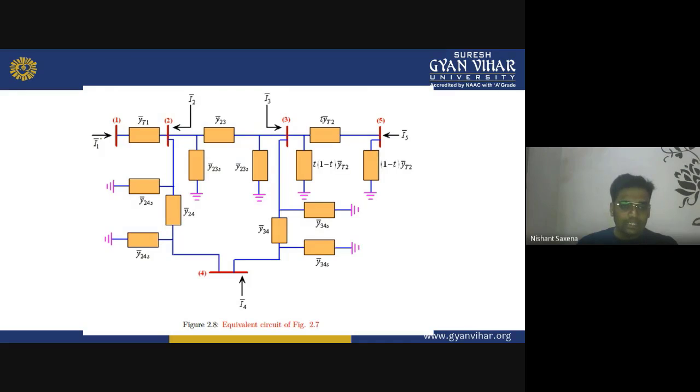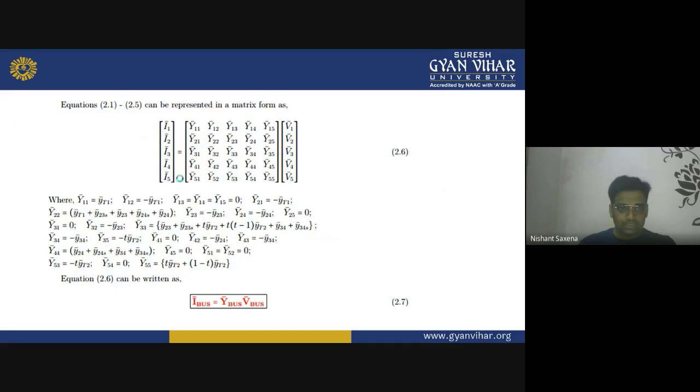How many admittances are connected at bus number 1? Only one, that is this one. How many admittances are connected at bus number 2? Y21, Y23, and Y24. We also have the two shunt susceptance admittances as well, that's why it is shown over here.